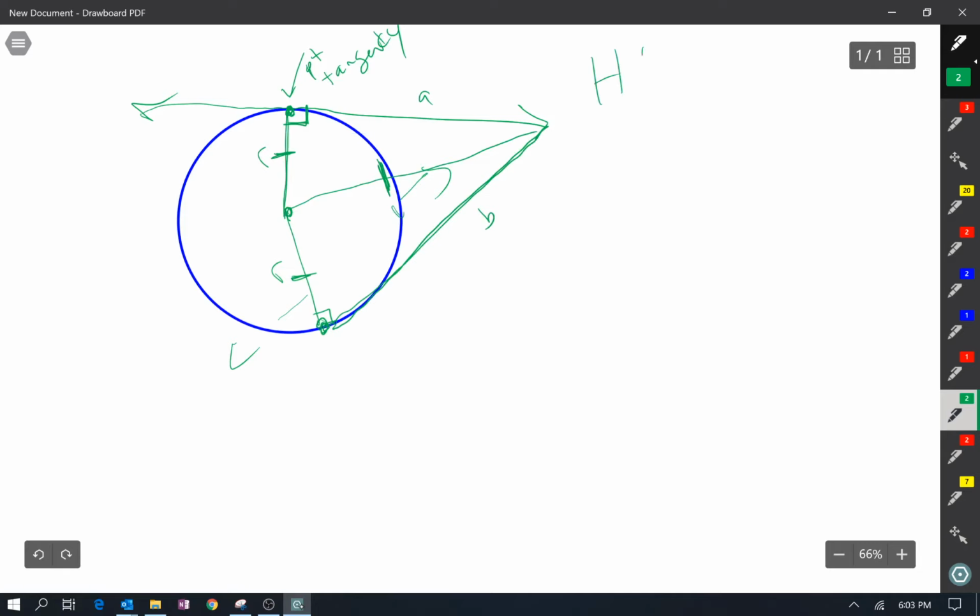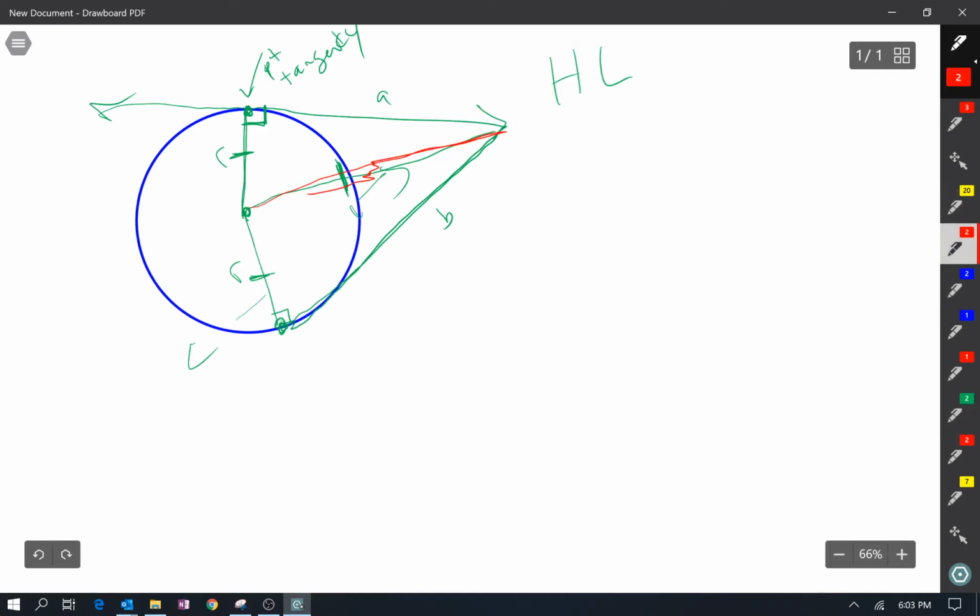So they share this line. Hypotenuse leg says these triangles are congruent, because they share a hypotenuse. This red line here is the hypotenuse. And they share a radius, which makes their legs the same, and it's a right angle.